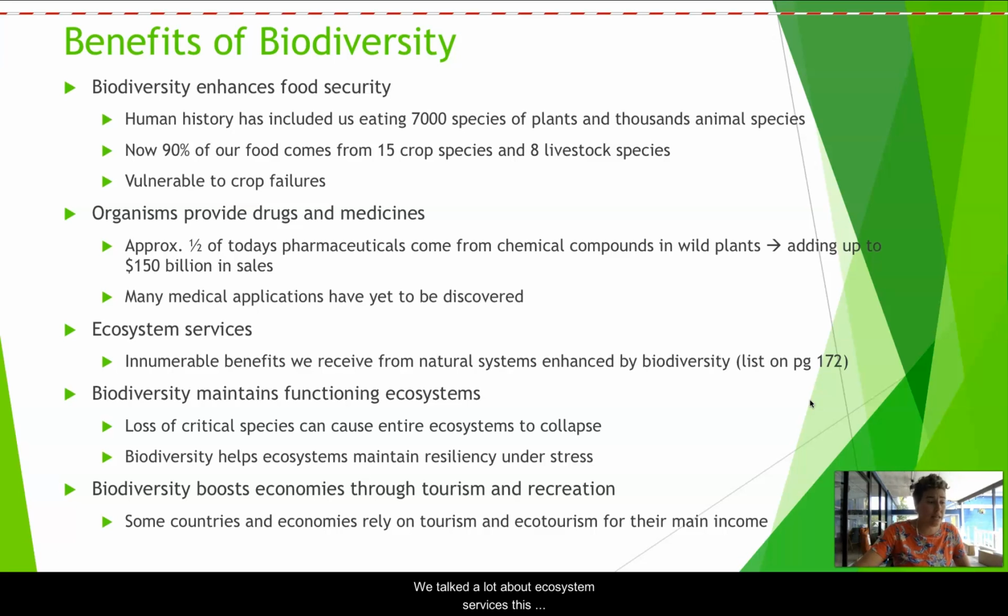We've talked a lot about ecosystem services this semester already, but we're still going to be talking about it. We know that there are innumerable benefits that we receive from natural systems, and these are enhanced by biodiversity.